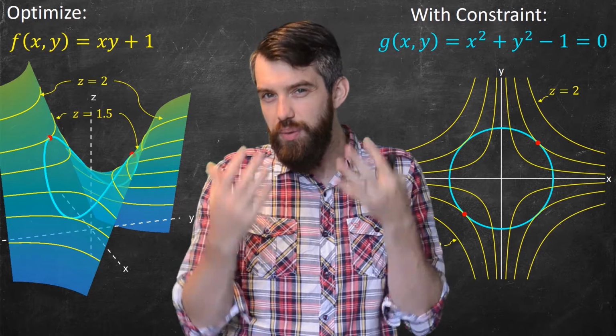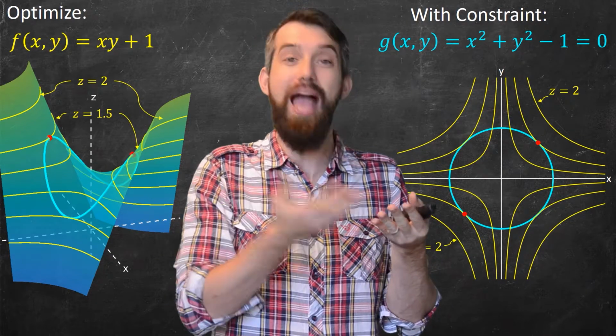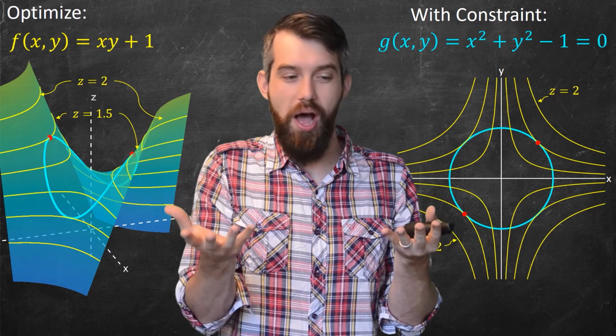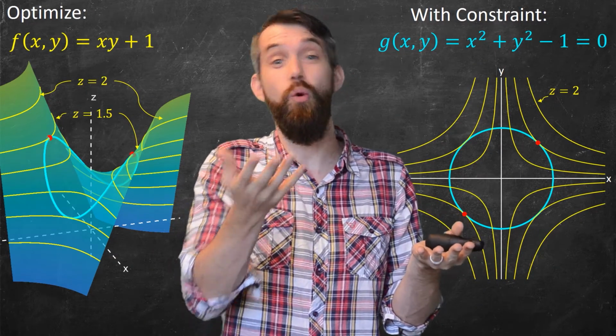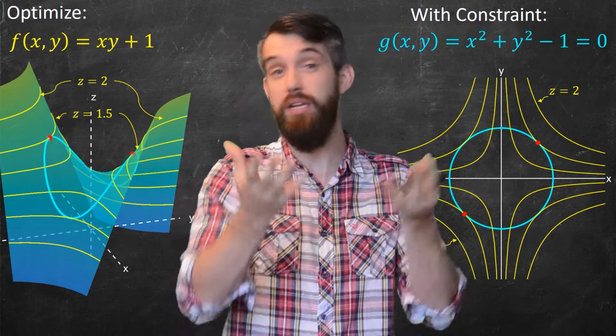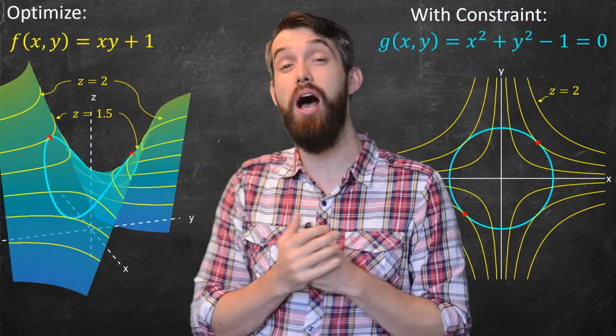Indeed, the way I compute these is if the output of my function is 2, so xy plus 1 is 2, then that means that xy is 1, which means that y is just 1 over x. And so this curve here is just representing the equation 1 over x in the domain, and then it has the height of 2.